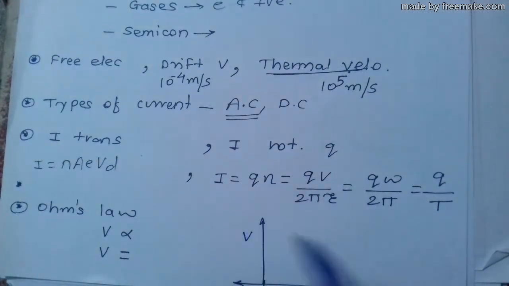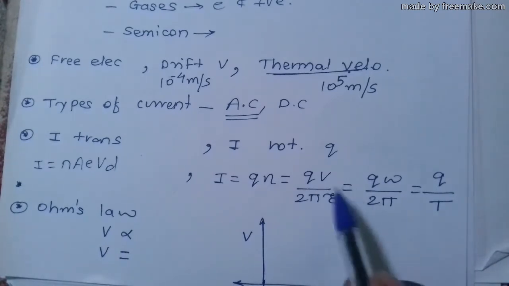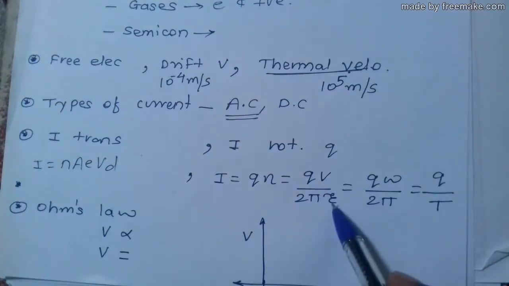What is the definition? Frequency is the number of revolutions per unit time. V is velocity of charge, r is radius of the charge.